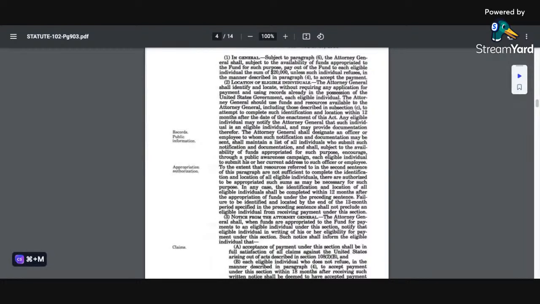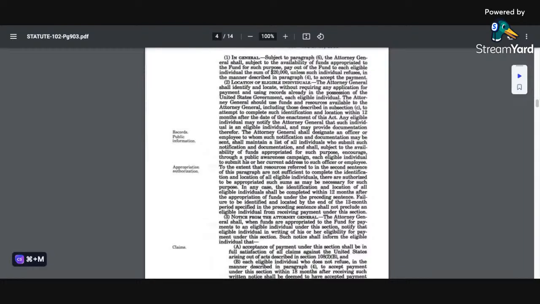To the extent that resources referred to in the second sentence of this paragraph are not sufficient to complete the identification and location of all eligible individuals, they are authorized to be appropriated such sums as may be necessary for such purpose.